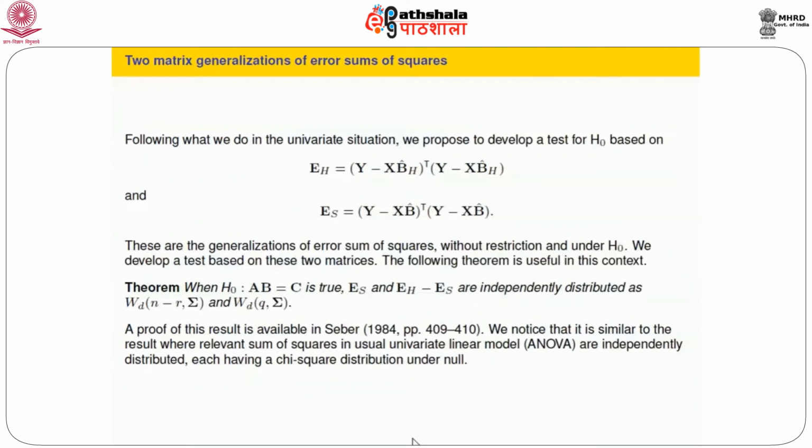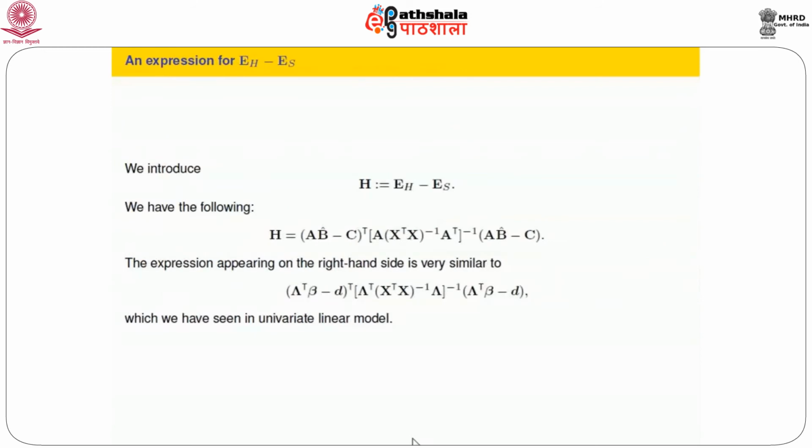That is a very basic result, and we are essentially extending it to the multivariate linear model. We have a nice theory for the multivariate normal distribution, and a nice theory for projection matrices, and everything goes through nicely.